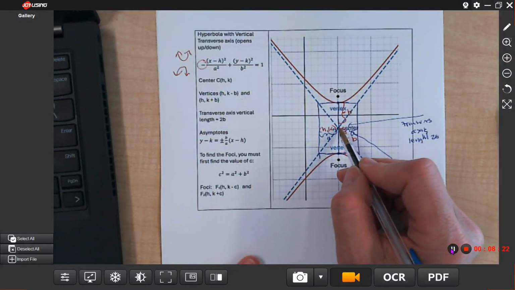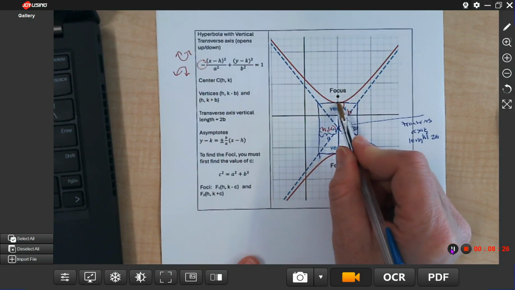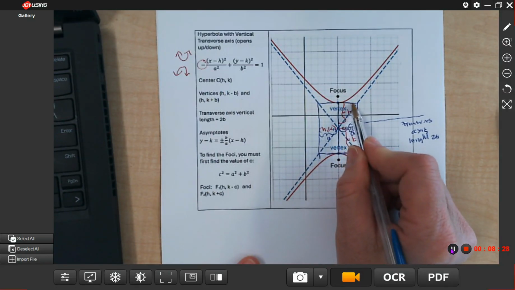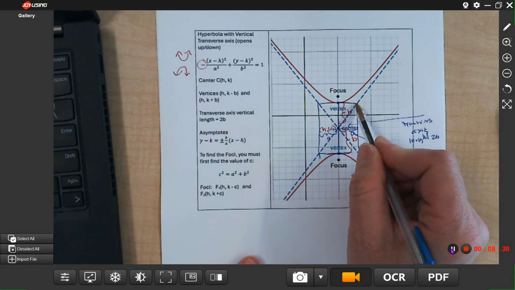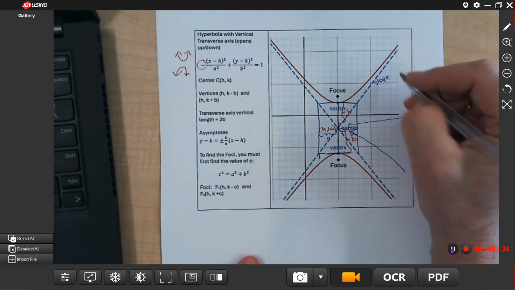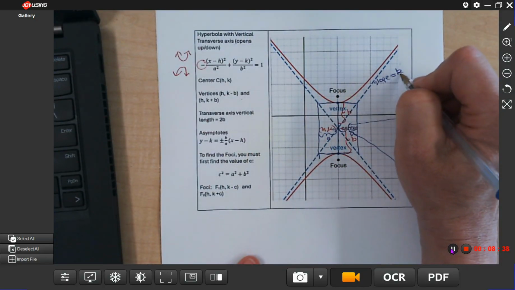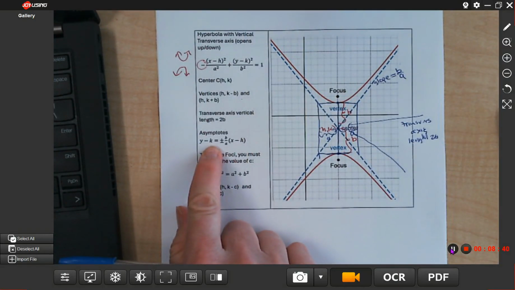Because the vertical height from the center of the box is b, and the horizontal distance from the box to the asymptote is a, the slope of the positive slope line is still going to be b over a.